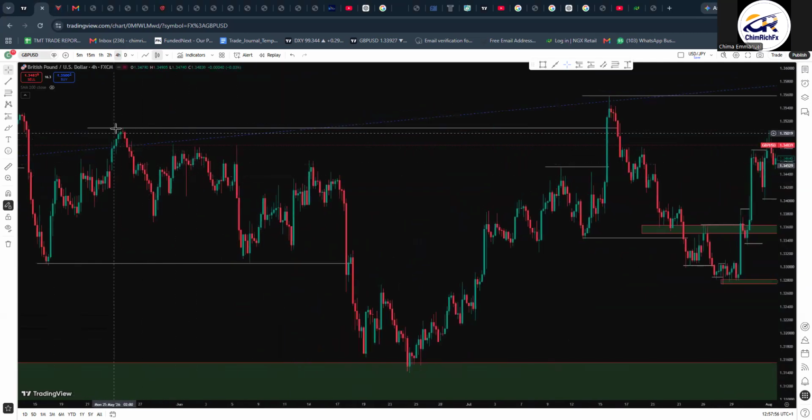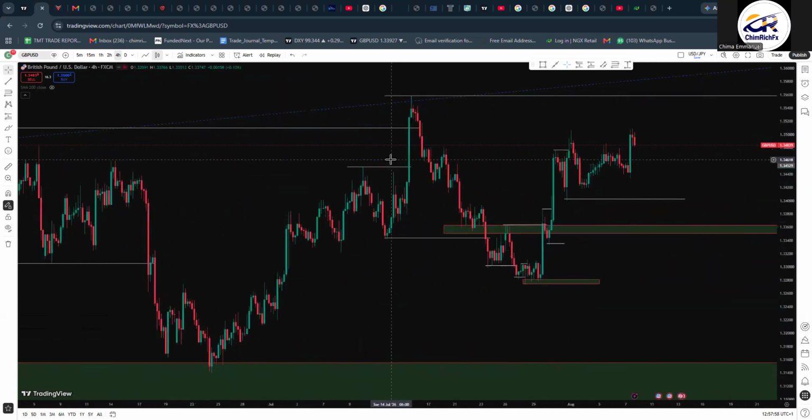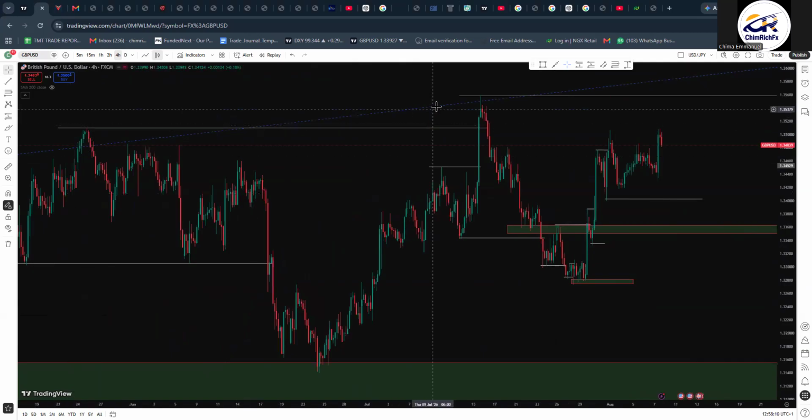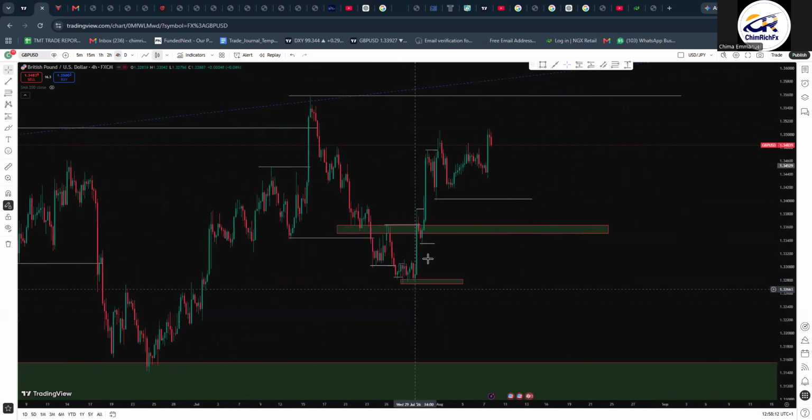Because of price taking out this high, I already anticipated that the bullish move is already in place, right? So we have price break from this high, a pullback, and then price forming a bullish move. However, this is just the formation of the bullish move that has not been fully confirmed.